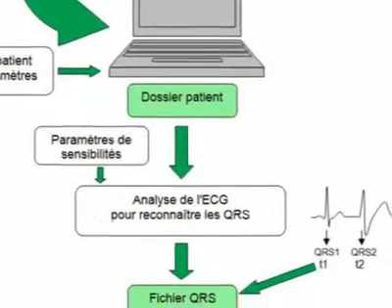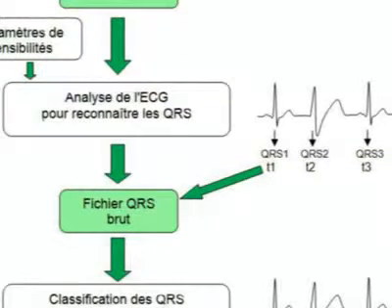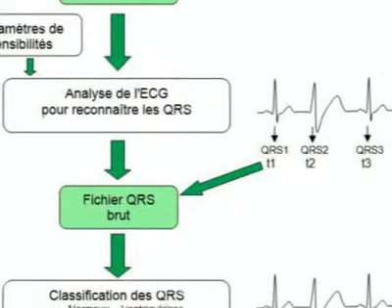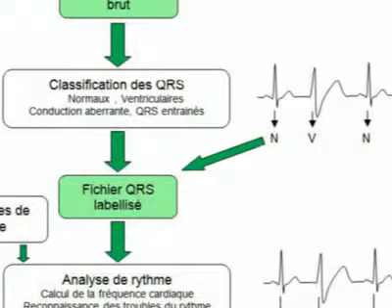The program reads the ECG signal to recognize the different waves and their association. A file containing QRS characteristics will be created. The data is then processed to perform a classification of QRS: normal, ventricular, aberrant conduction or fusion beat, or pace beat.